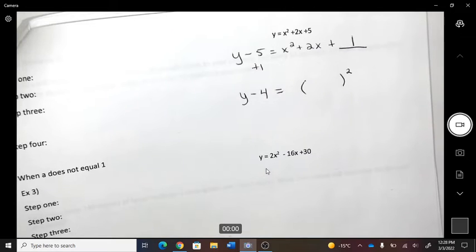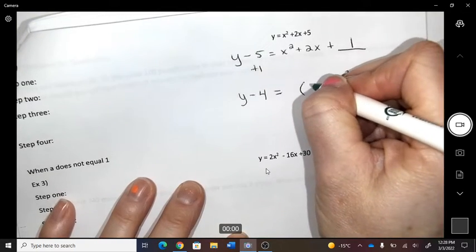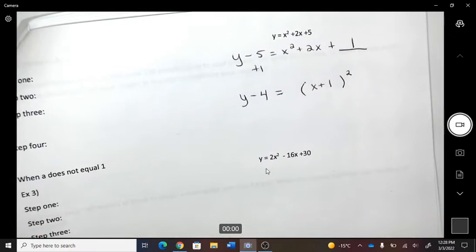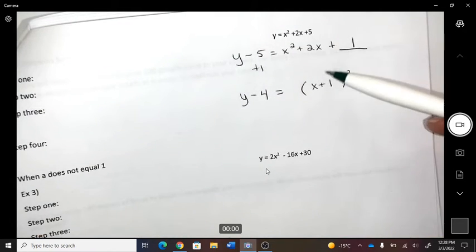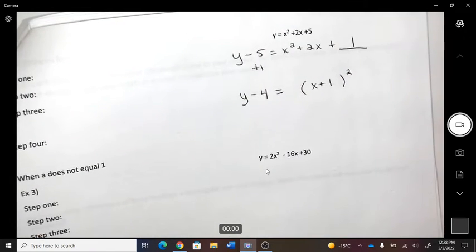Because you made that trinomial, you can turn it into, and did you write x plus 1 squared? It doubles to that and squares to that. Okay, so those two questions had us doing a slope of 1.